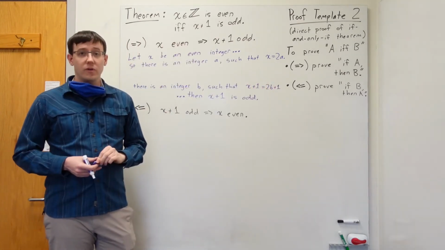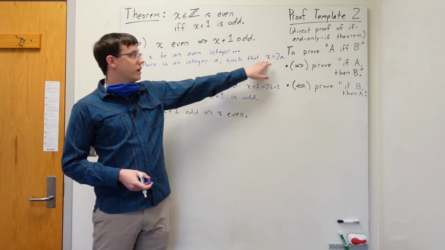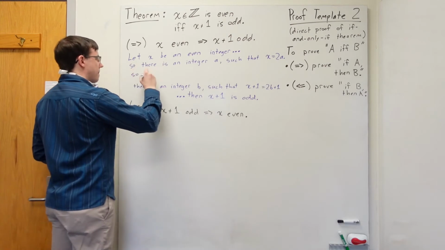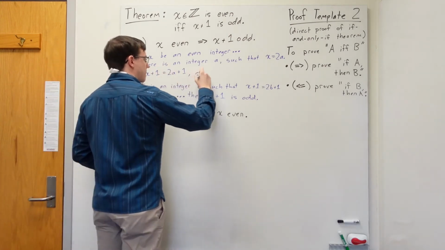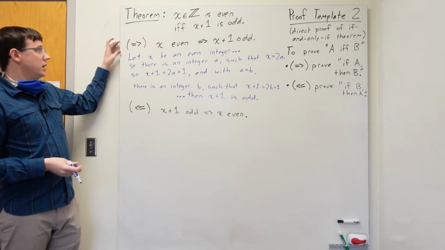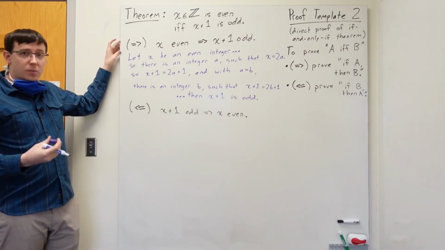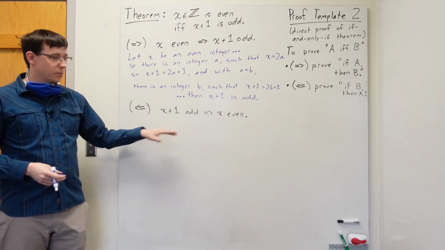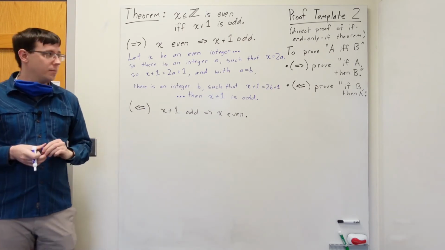And now that we've unraveled both definitions, we can just add one to both sides to make them the same. And we've completed the template 1 proof of our first if-then component. So now we can prove the other direction.